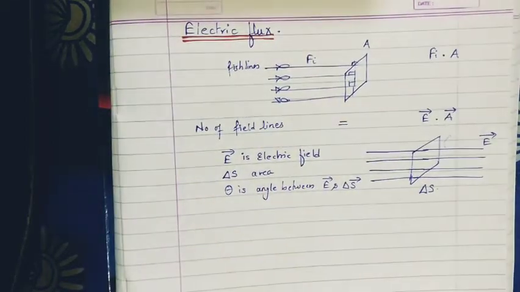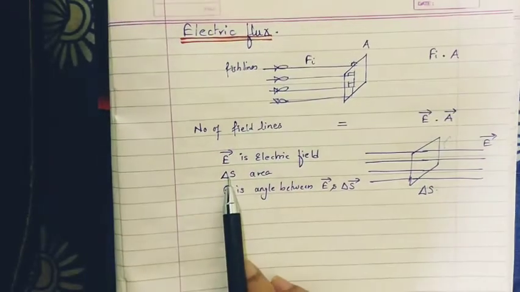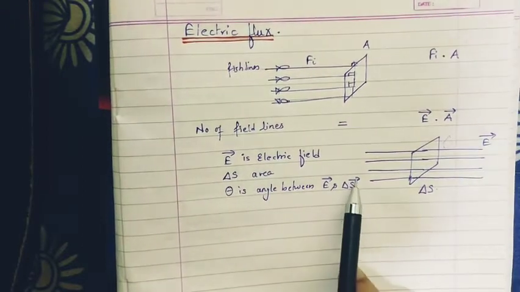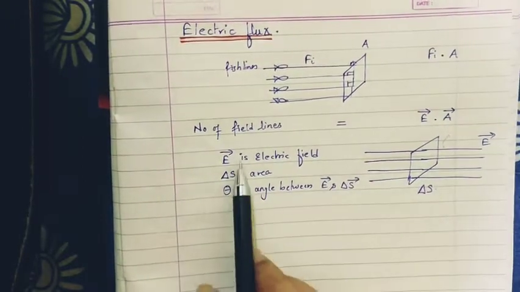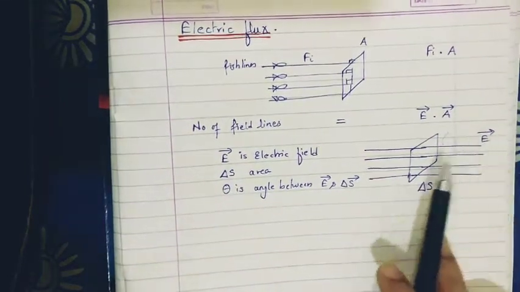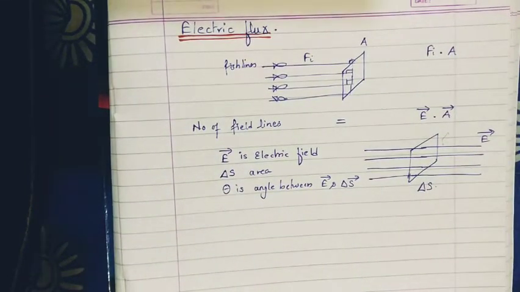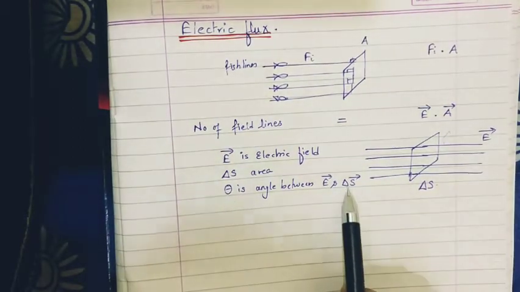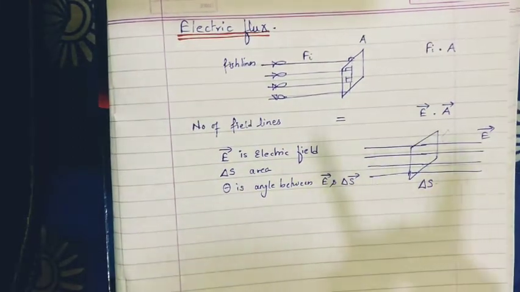Now here you need to understand the difference between delta S and delta S vector. They are two different things. So area, delta S, is nothing but the magnitude of the area, that is basically 200 centimeters square or 100 centimeters square or whatever. When I say area as a vector, you are going to take a direction of the area.